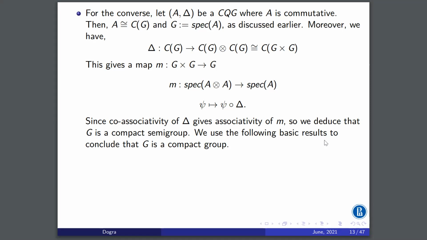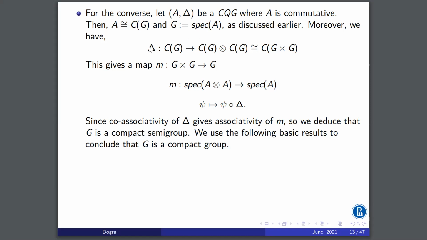For the converse, suppose we start off with a compact quantum group, given by a C star algebra A and a co-multiplication delta, and suppose that A is commutative. Then it is isomorphic to CG, where G is nothing but the spectrum of A, as we discussed in the first couple of slides.